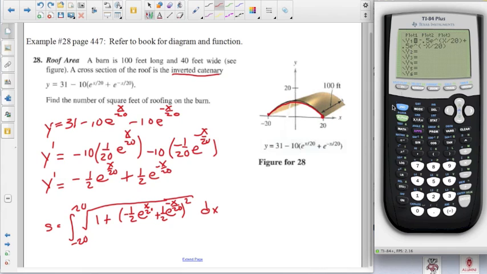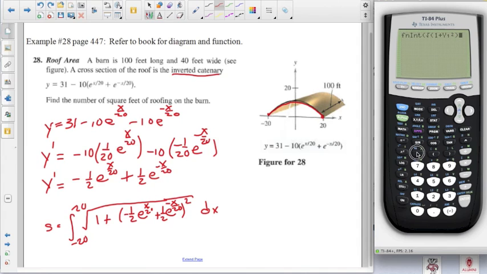So there's the derivative. And now I can go ahead and use the fnInt function, and we're going to integrate this radical. So the square root of 1 plus, and then using the vars key, go into function and grab function y1 and square it. So there's the derivative squared.